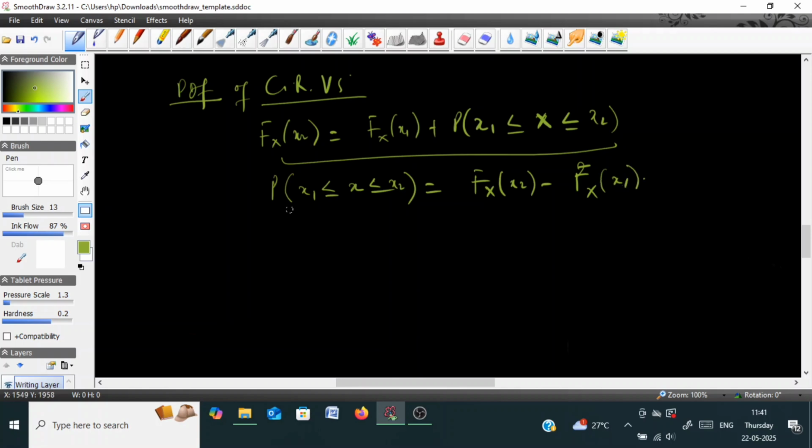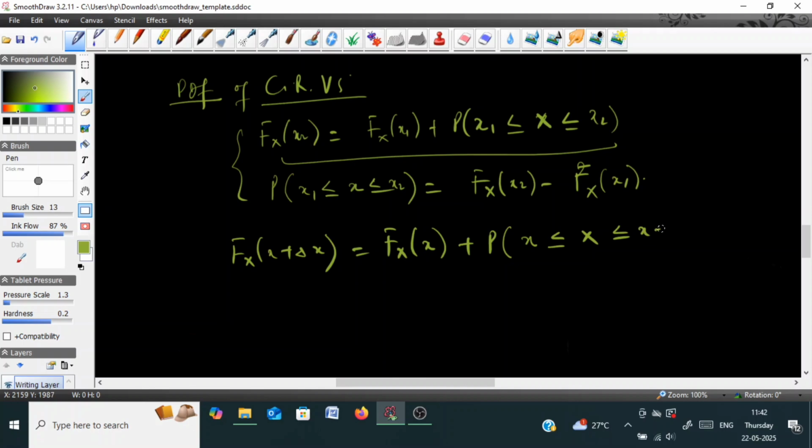Okay, so from this theory I can write F of x at x plus delta x as F_X of x plus the probability of x less than or equal to X less than or equal to x plus delta x. Okay, this is in tune with the same equation.